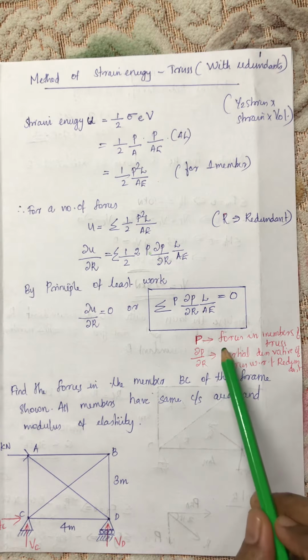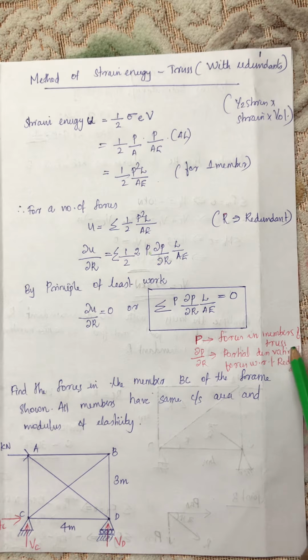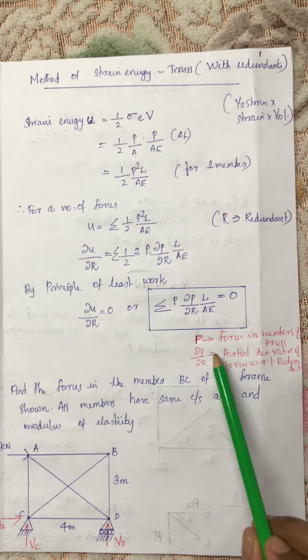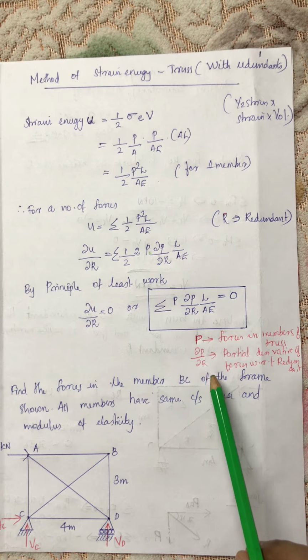Here P is the force in the members of the truss and dou P by dou R is the partial derivative of the internal forces in the members with respect to the chosen redundant.